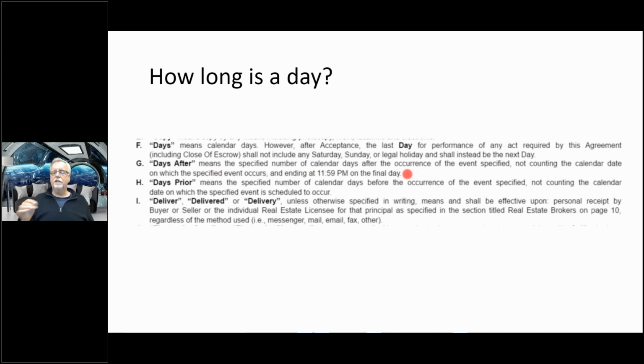So you have until midnight of that final day to perform and remove the contingencies. How long is a day? It's a philosophical question. All right, now there's a little bit more here, but you guys have worn me out, and so there will be another time when we can do this.